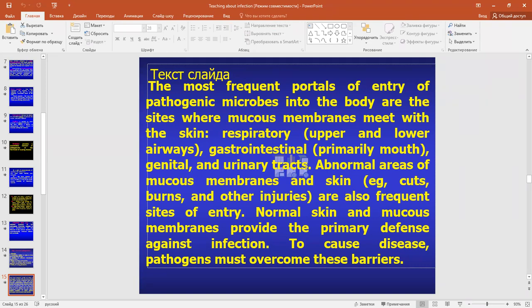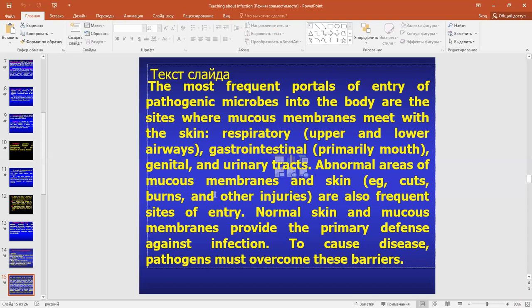It is easier for microbes to enter the human body through mucous membranes. Skin is a mechanical barrier. They are not able to go through the skin if it is intact, without any lesions. But it is easier to go through the mucous membrane, to attach to the mucous membrane.